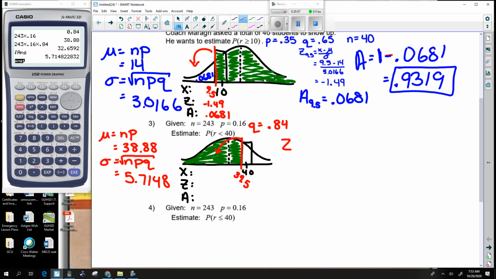Okay, so I find the z-score, and again, I'm working off of 39.5.